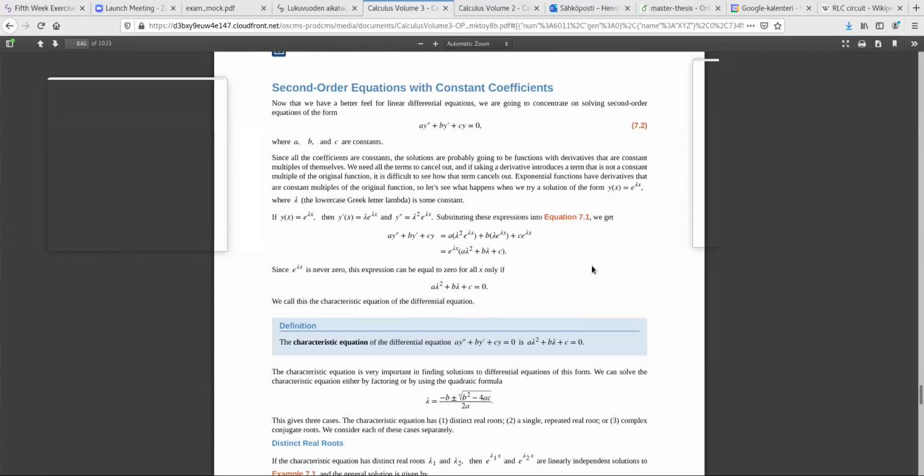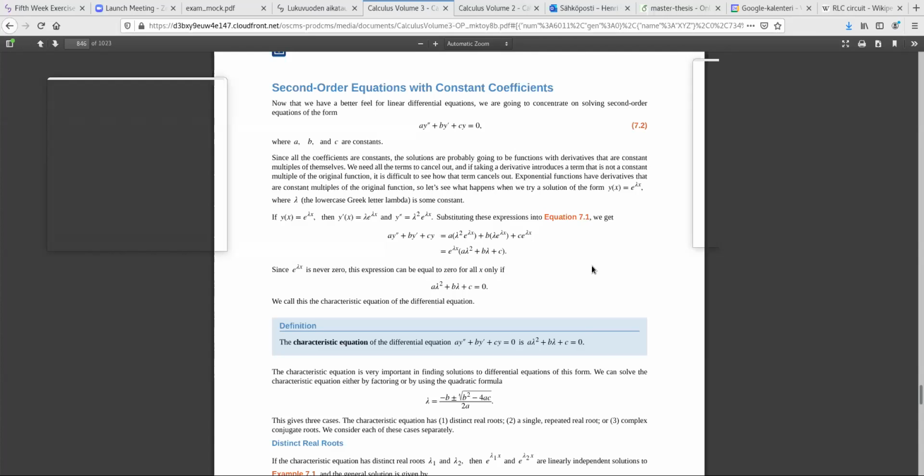I tried to justify the second order equations and finding this characteristic equation. We talked about this quite a bit. If you look at this substitution where your function is of the form e to the lambda x, and you find the first and the second derivative and substitute these into this equation, then you get what is called the characteristic polynomial.